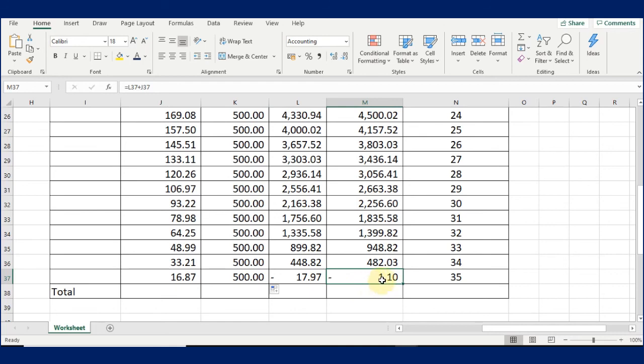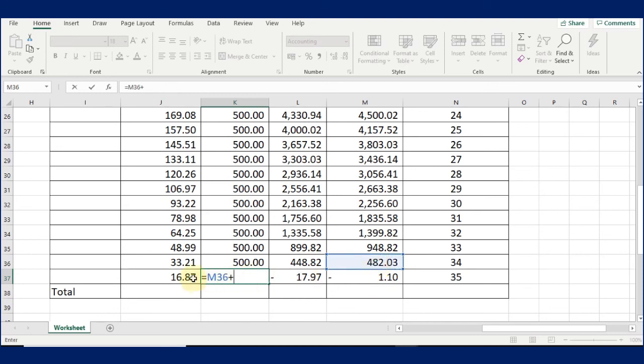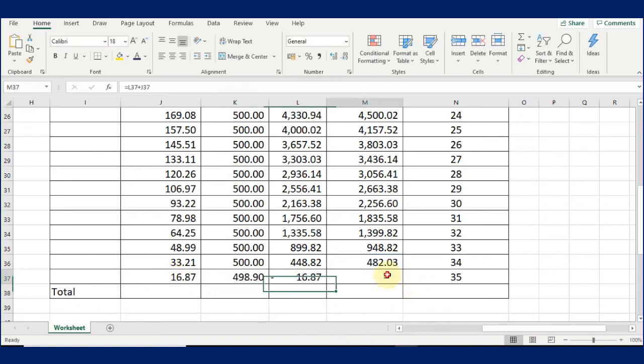Oh, wait, you have here a balance that's negative already. So that means what we should just pay here is your 482 plus your interest so that it will be 0. Is that clear? So that means you have to pay for 35 months.